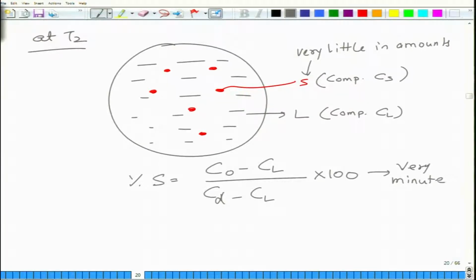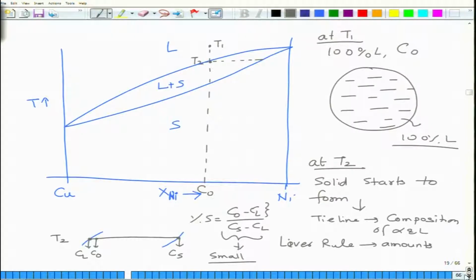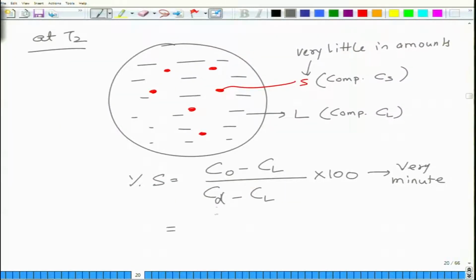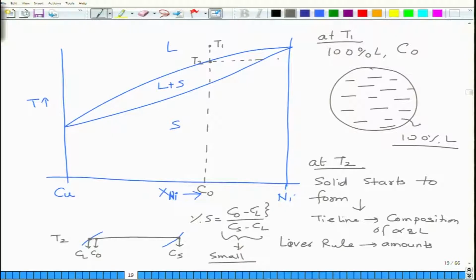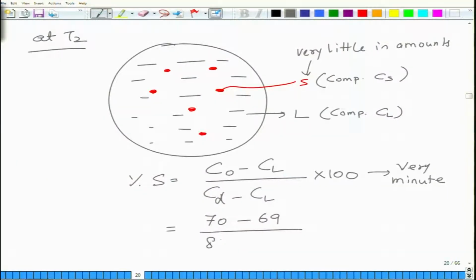So let us say for an example, if C naught was 70 and if CL was 69 and C alpha happens to be, let us say, 85, then you can see that this is 1 divided by 16 into 100.